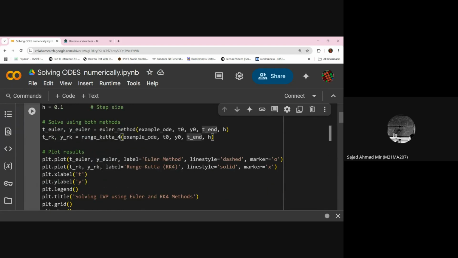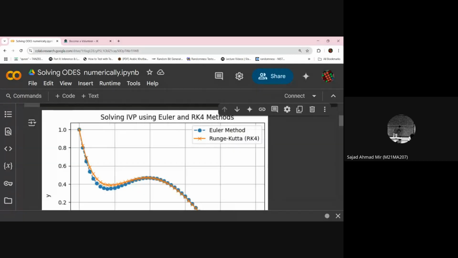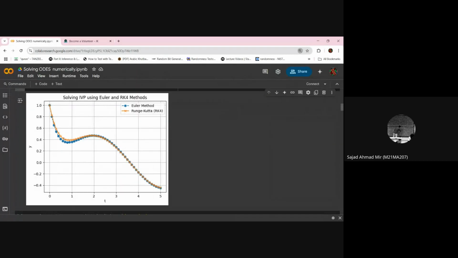Now you are getting the points of a grid system. You can plot these points, t Euler and y Euler, as a scatter plot or a line plot, and I specify that this is my Euler method. I also plot the RK method together with this, and this is what you will get as the solution to your equation.